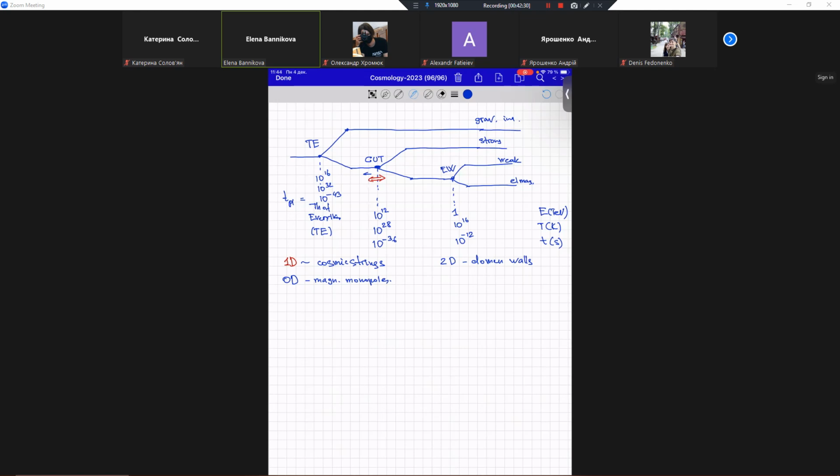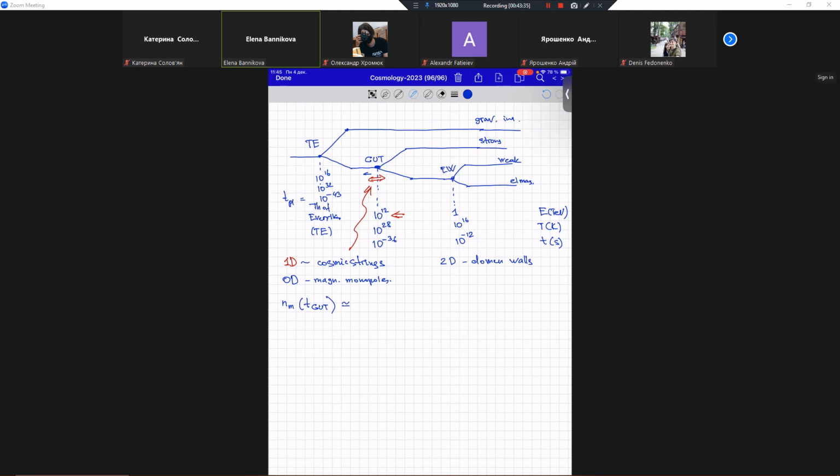This is the point. Also, some theory predicts that a magnetic monopole can appear exactly at this stage. It should correspond to this energy, and in principle we can estimate which concentration of magnetic monopoles there should be at this time, and later, for example, for the present time. Let's consider T good.